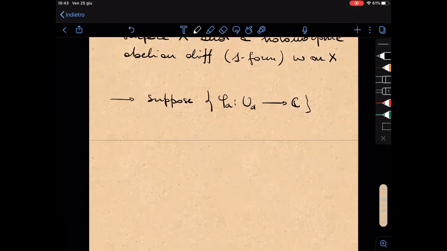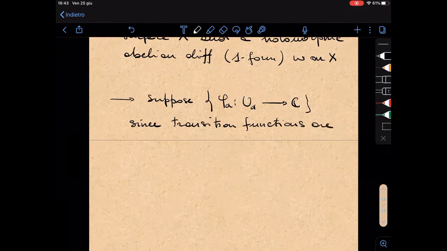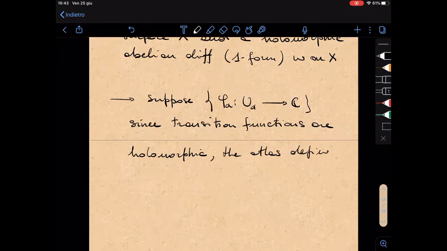And then, since transition functions are holomorphic, the atlas defines an underlying conformal structure, so some Riemann surface conformal structure X.